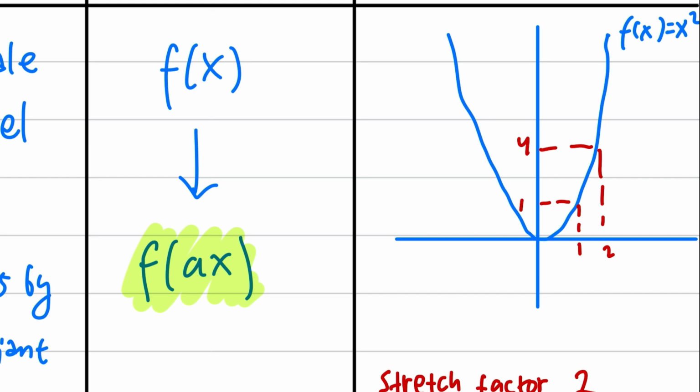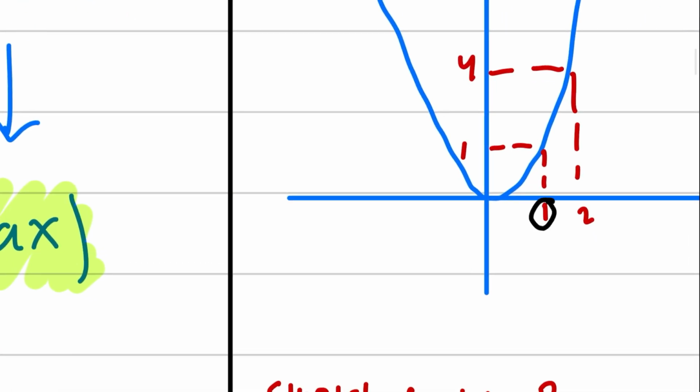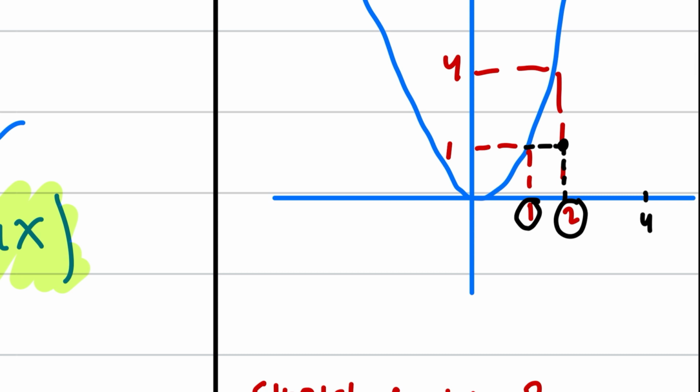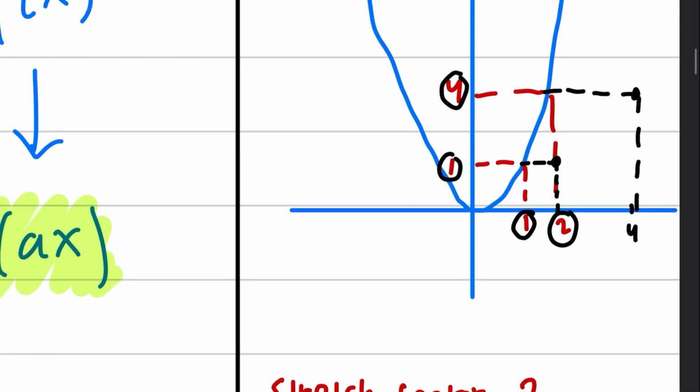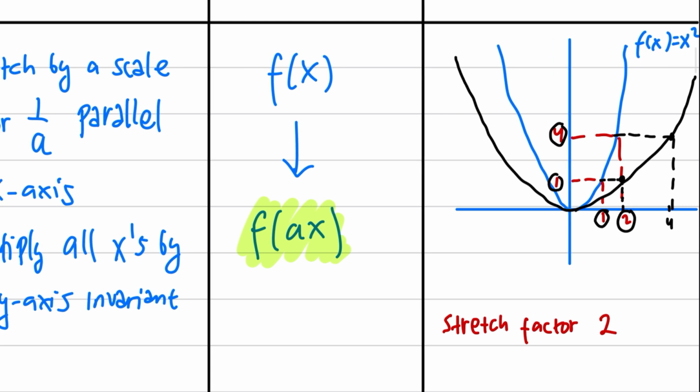And then we stretch by factor 2, which means that 1 multiplied by 2 becomes 2 here, 2 multiplied by 2 becomes 4, but you keep the y value invariant. So the graph will become like this. We multiply all the x values by 2.